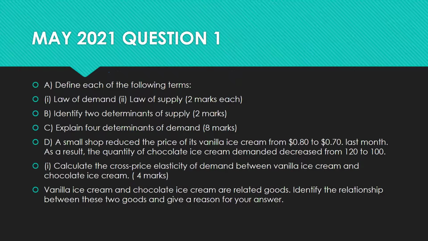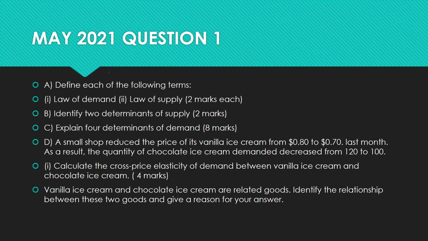Now the last part. They want to know that vanilla ice cream and chocolate ice cream are related goods. Identify the relationship between them. When goods are related, they could be one of two things: substitute goods or complementary goods. Complementary goods are goods that you normally buy together. You buy a printer, you'll buy ink and paper for the printer.